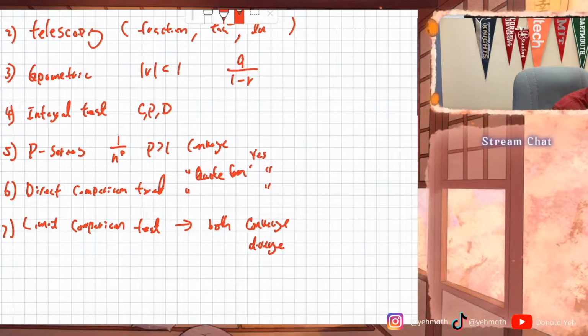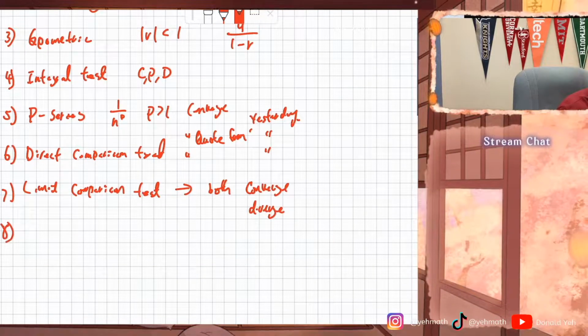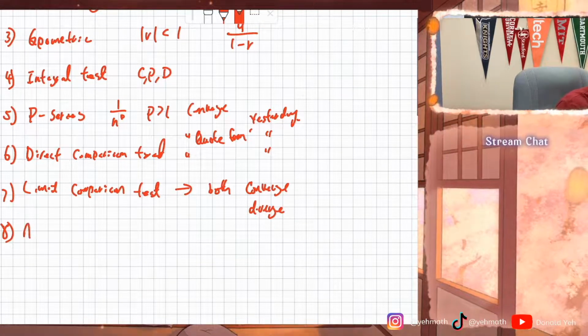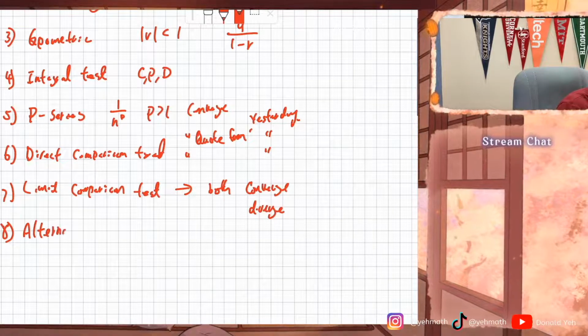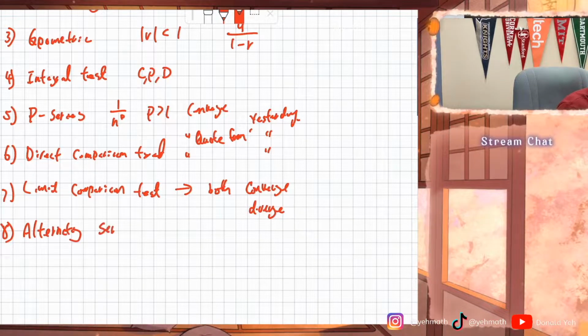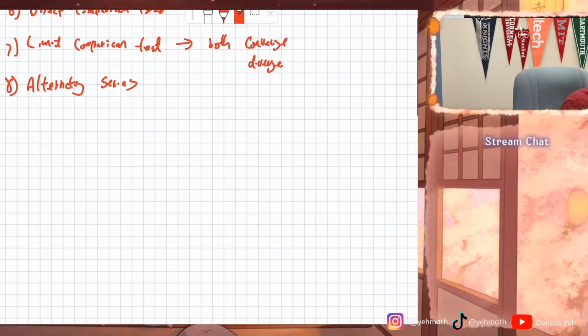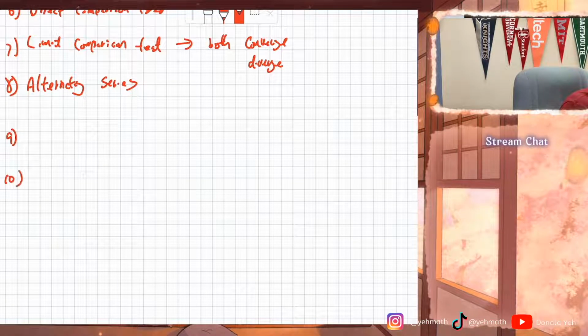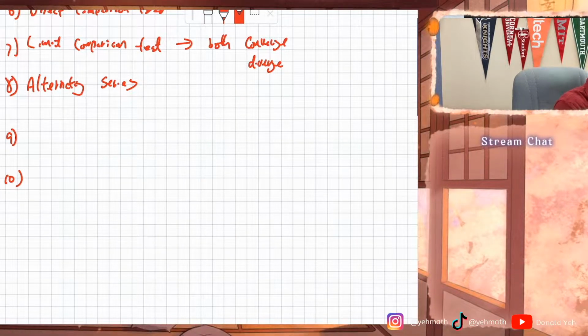Okay, so 8th, we're going to talk about alternating series today. And next week we're also going to introduce 9 and 10. One of them is not on the AP exam, but one of them is super, super important.